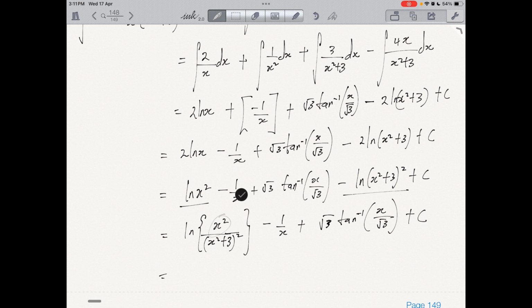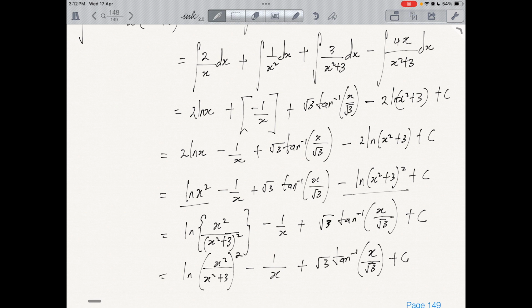Since this is x squared and this also is squared, we can now rewrite to give us ln ((x squared over (x squared plus 3)) all squared) minus 1 over x plus root 3 arctan (x over root 3) plus c.